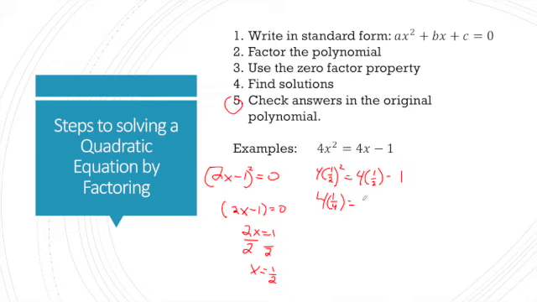Because I have 4 times 1/2 minus 1. Well, 4 times 1/4, those are going to cancel, right? So I would just get 1 equals 2 minus 1, since 4 divided by 2 is 2. So I get 1 equals 1. Awesome. So our solution set is x is equal to 1/2.